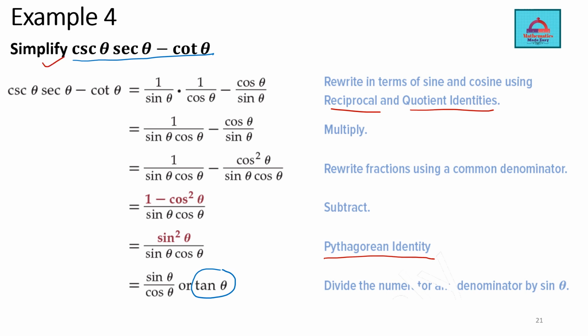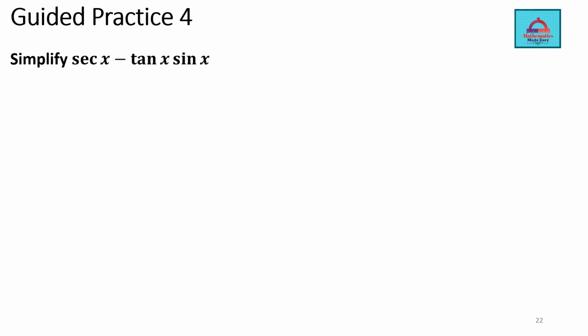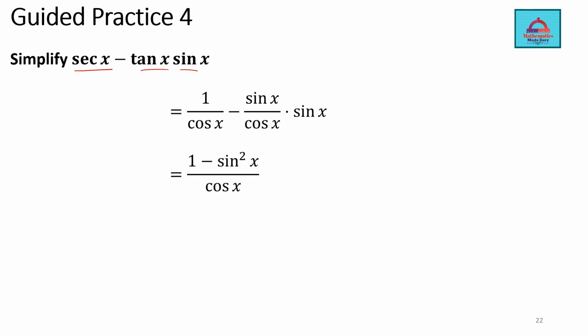So we have just met them, and just to give you thorough practice, one last question. Again, we are going to convert secant and tan into sine and cos. So convert and see what you get. Simplify and you get Pythagorean. Now 1 minus sine square. This is an indication. Power 2 means you can use cos and it will reduce by 1. So only cos x is left, and that's the simplification.